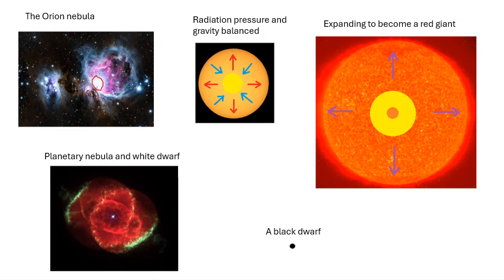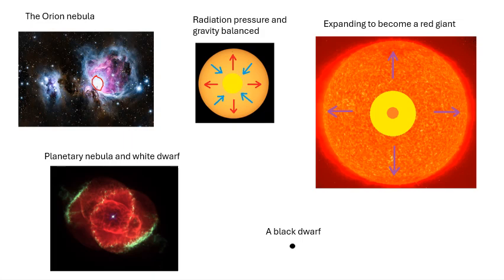The next diagram: radiation pressure and gravity are balanced. This is our sun at the moment, a main sequence star. And then, as I said, when the hydrogen starts to run out in the core, because that's where fusion is happening, it blows up like a balloon and becomes a red giant.